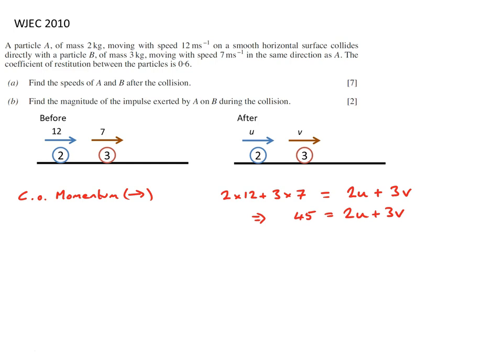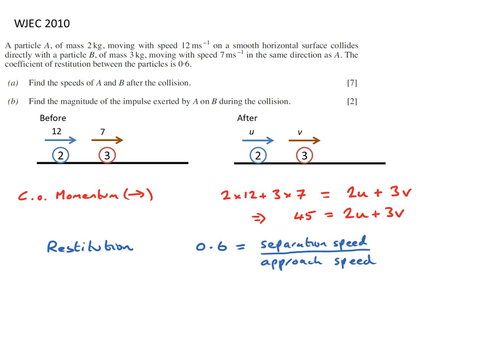We've then got the restitution equation. So the restitution equation tells us that 0.6 is the ratio of the separation speed to the approach speed.